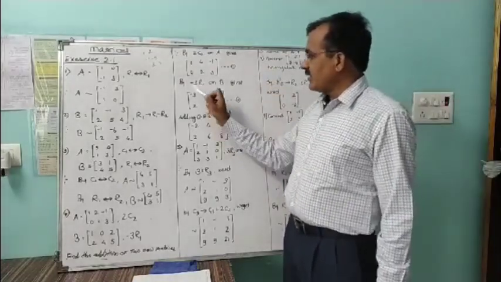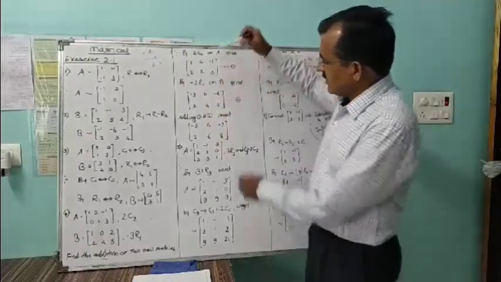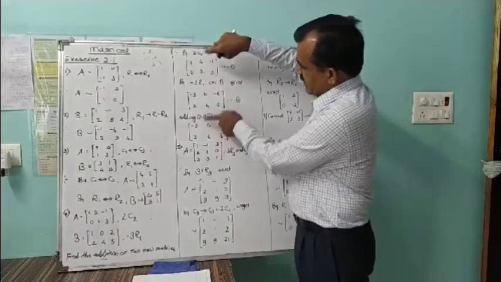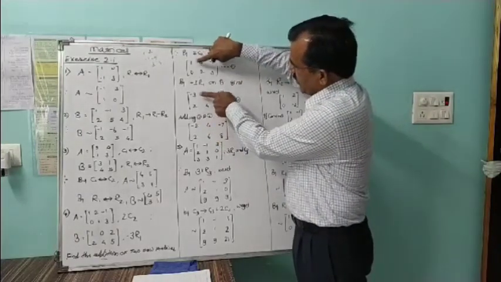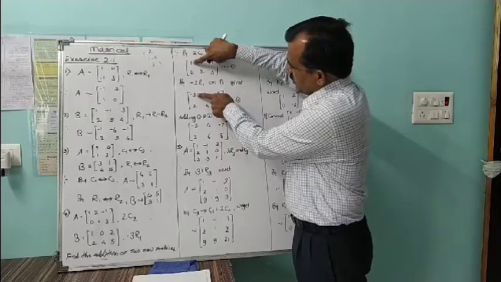So after addition, the resultant matrix will have these elements. The first element is formed by addition of these two corresponding positions.